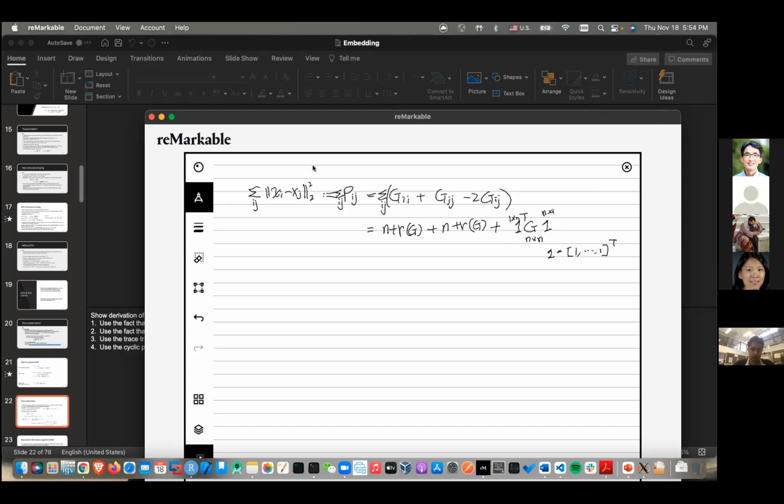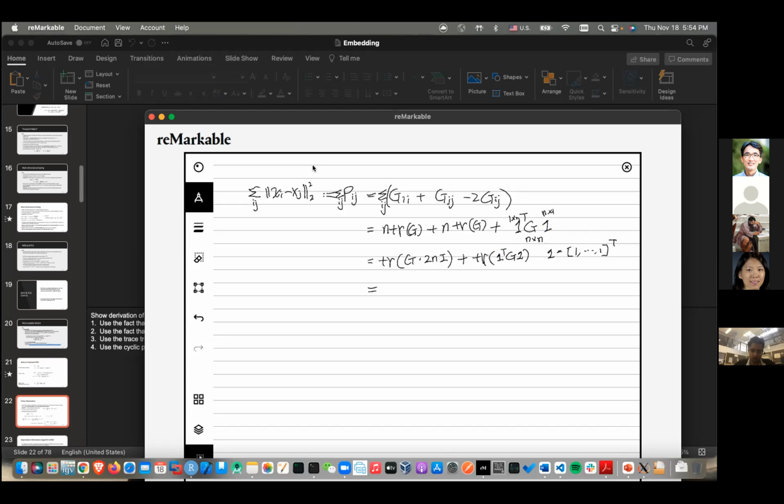Once we have this, we can combine the first 2 terms into trace of G times 2n identity. And because this is a scalar, we can apply trace to it, and that's 1 transpose G 1.